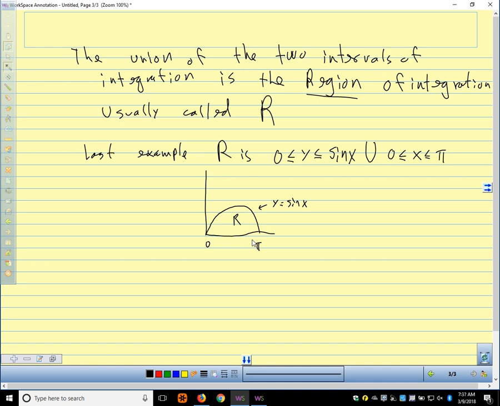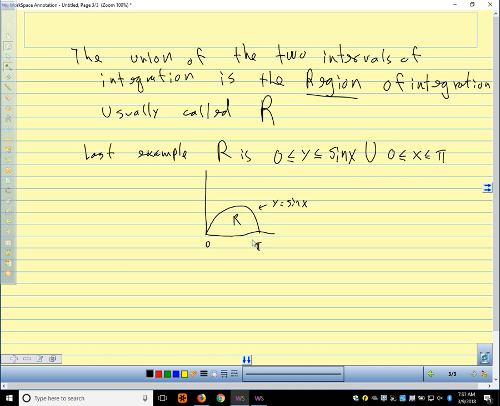When we start talking about triple integrals, we're going to have a region of integration bounded by a surface. Or a region of integration might be the intersection of two surfaces projected down into the xy plane. All right, are we good so far?